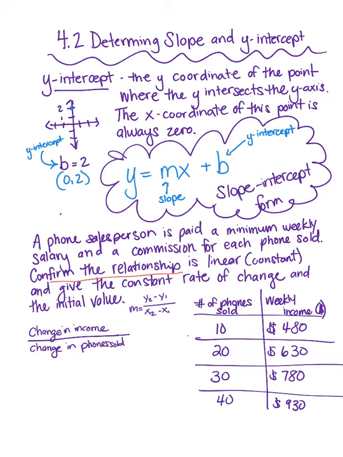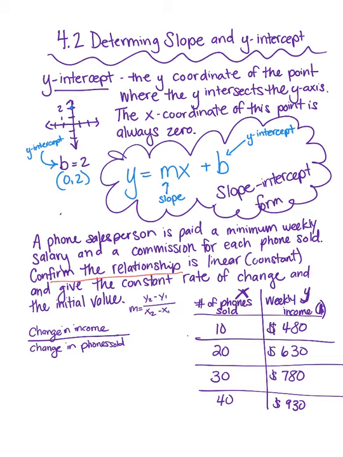Our change in income, that's going to be our Y, and our phones sold, that's going to be our X. So now all we have to do is assign values to these numbers and then do some basic arithmetic to make sure that we have a constant, because if we don't have a constant, then this is not going to work.